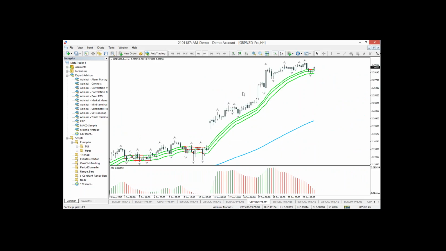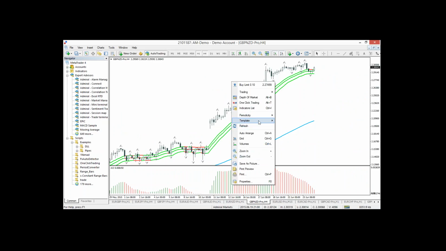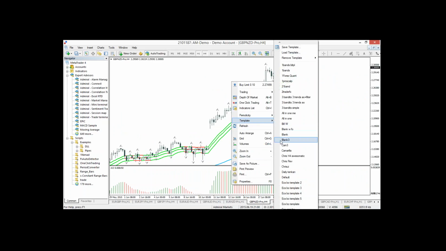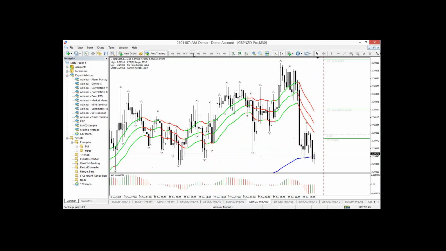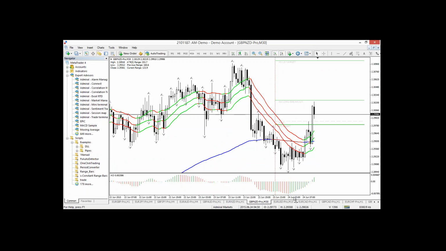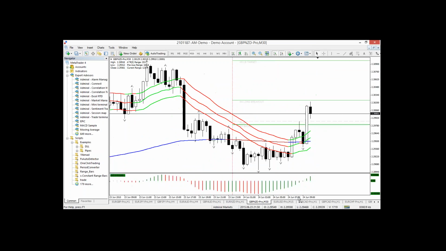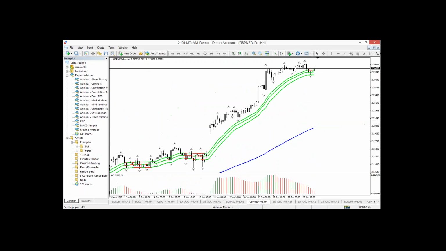But no, there's not a good 4 hour candle as yet. I wouldn't rule out the upside here because it is a very good trend, but so far it doesn't have the same pace as the pound yen, pound dollar. So at this moment, I probably prefer those two actually.